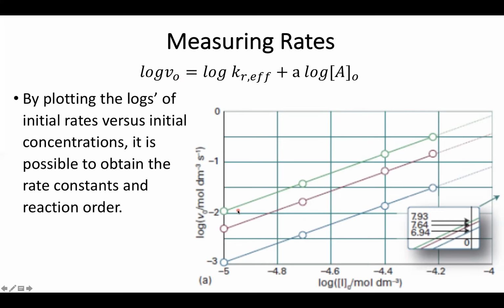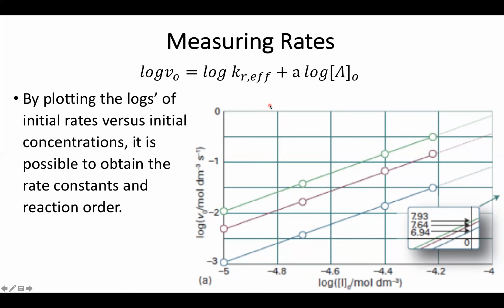And what ends up popping out is that our slope will end up being the order of the reaction, and our intercept at 0, which is going to be somewhere over here, will be related to the log of the effective rate constant. So this is a good way to try and back out our rate constant and our order of reaction in a fairly simple approach.